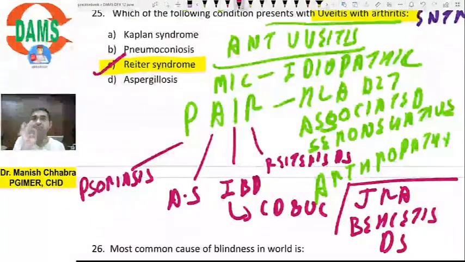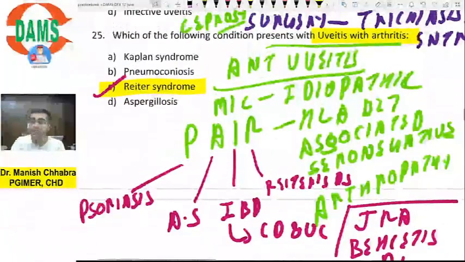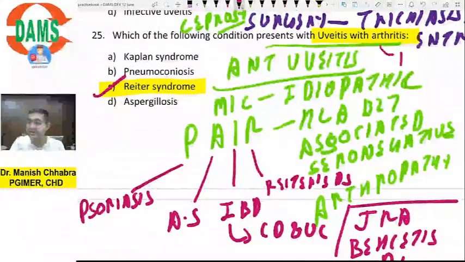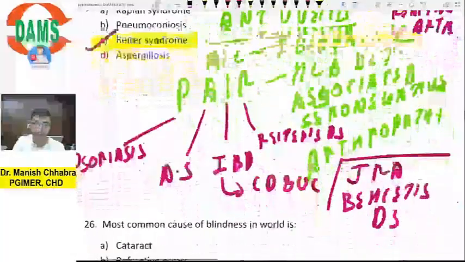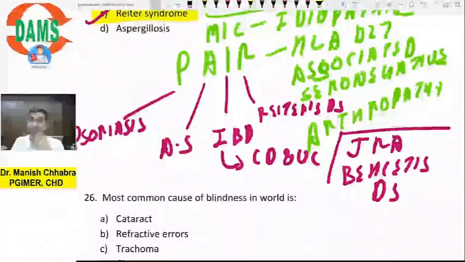All these are important questions which have been asked before, right? But here the answer is uveitis with arthritis. So it is Reiter's disease. In Reiter's disease, this arthritis is typically reactive arthritis. Is it understandable? Okay, I hope you got most of the questions correct so far. I'm sure about it, right?